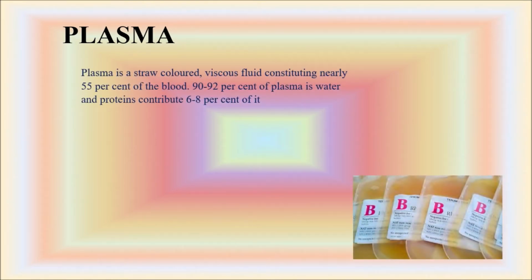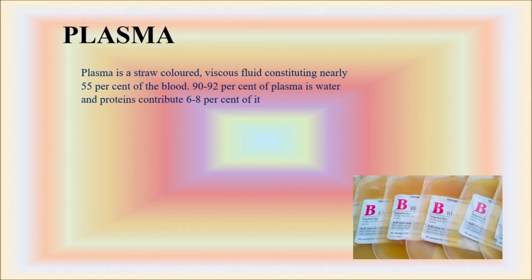So, what is plasma? Plasma is a straw-colored viscous fluid constituting nearly 55% of the blood, and 90 to 92% of plasma is water, and proteins contribute 6 to 8% of it.